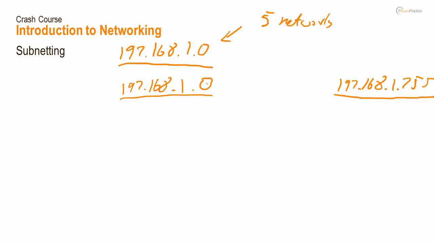The first IP address is called the network address, and this one is broadcast. Broadcast means send everywhere. If I don't know where, I'll send it everywhere. You're not allowed to use 0 and 255.